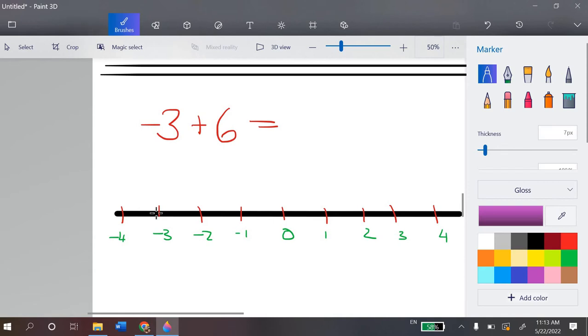We are starting at -3, and it's plus 6, so we're going to the right 6: 1, 2, 3, 4, 5, 6. Our answer is 3.